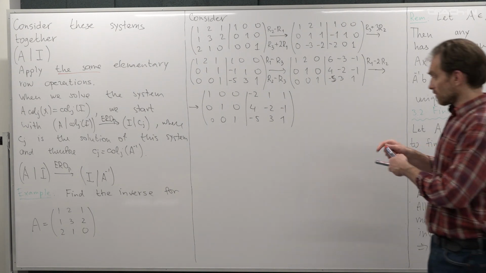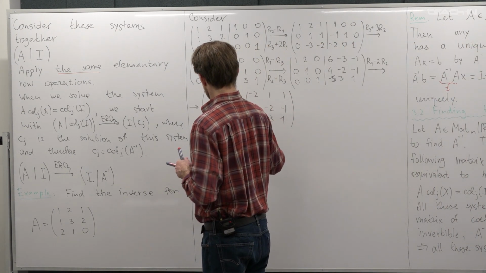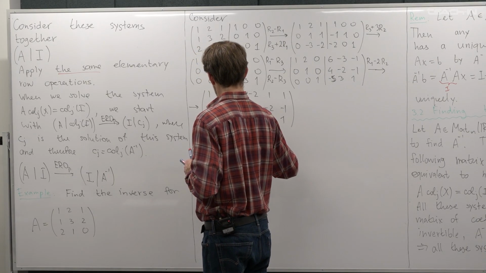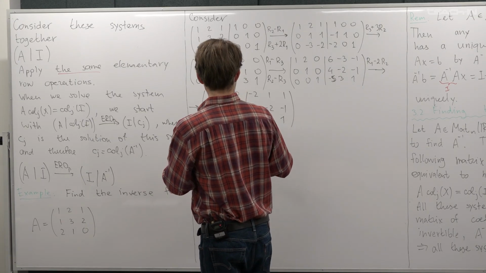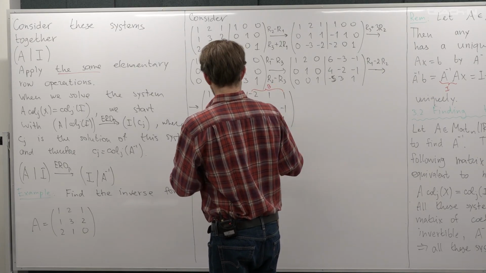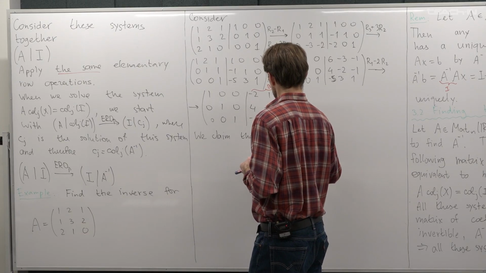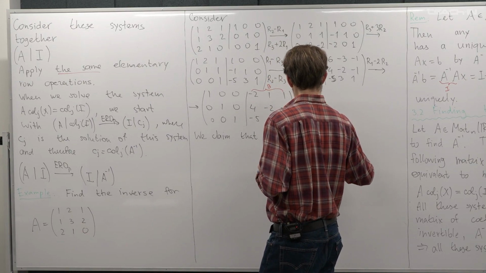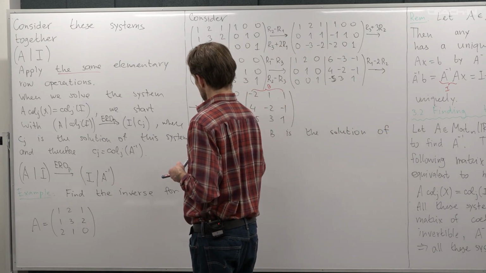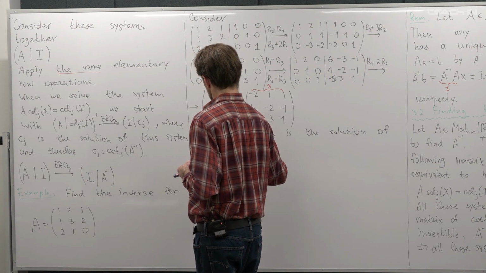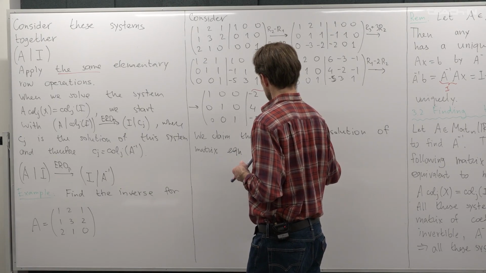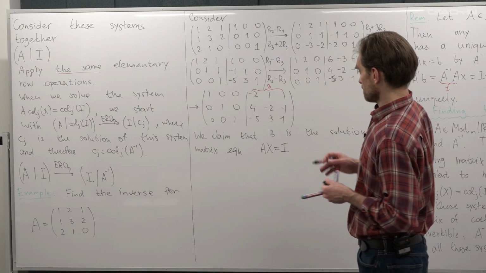So right now we claim, let me denote this by B, that B is the solution of the matrix equation A multiplied by X is the identity. So it is the right inverse in some sense.